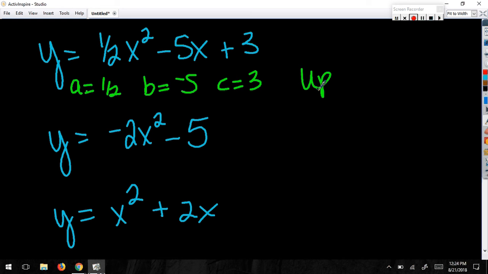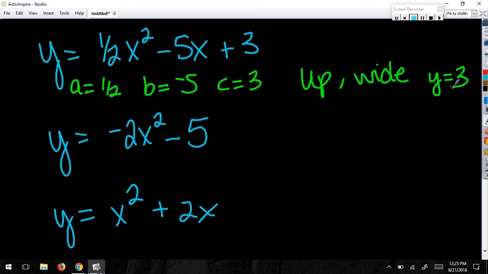Does that make sense to everybody? Yes, ma'am. How about Y-intercept? It's 3. So it's crossing the y-axis at 3. So I don't know anything else about this graph, but I know it's going up. I know it's going to be wider than average, and I know it's going to have a y-intercept of 3.